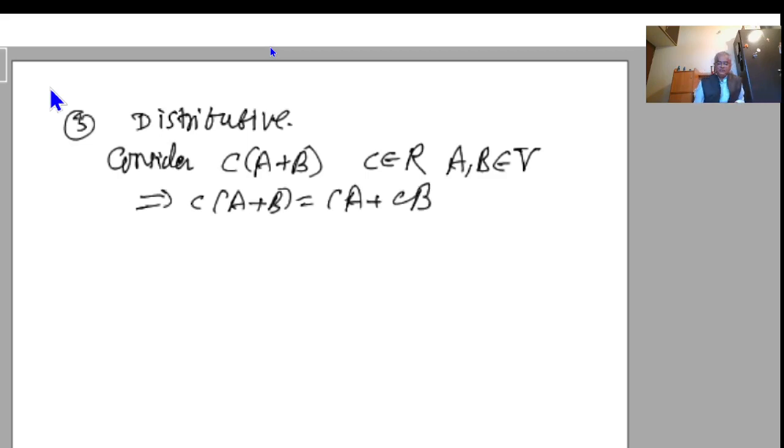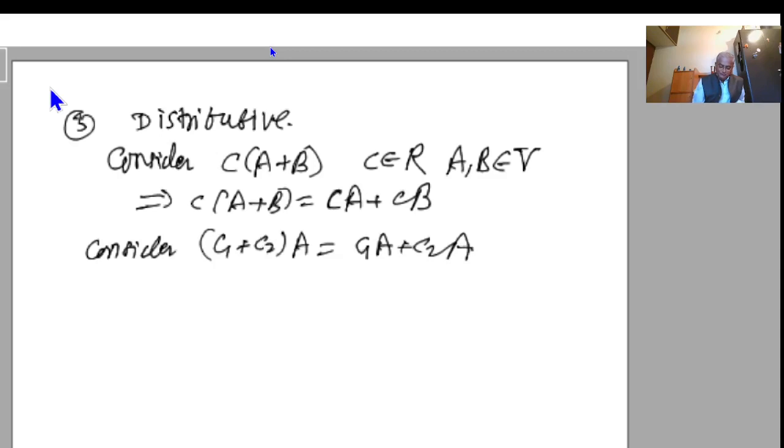In matrices, this is satisfied. This is the left distributive law. And what about the right distributive law? Again, consider (C1 + C2) into A. We can write this as C1 A plus C2 A, where C1, C2 belong to R and A belongs to V. So in matrices, this is possible. So both the distributive laws are satisfied.